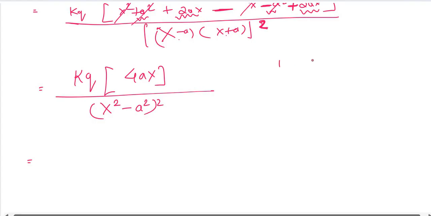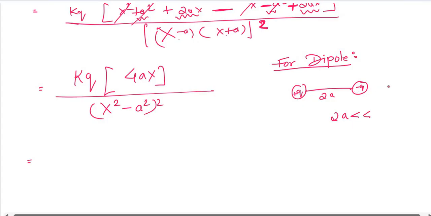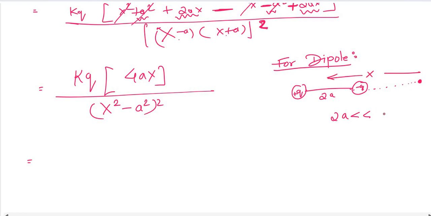Okay, now what can we do? For the definition of a dipole, always remember, the distance between plus q and minus q, this distance 2a, is usually very, very tiny compared to the distances where we are measuring E. Compared to these distances, the distance between two charges is very small.